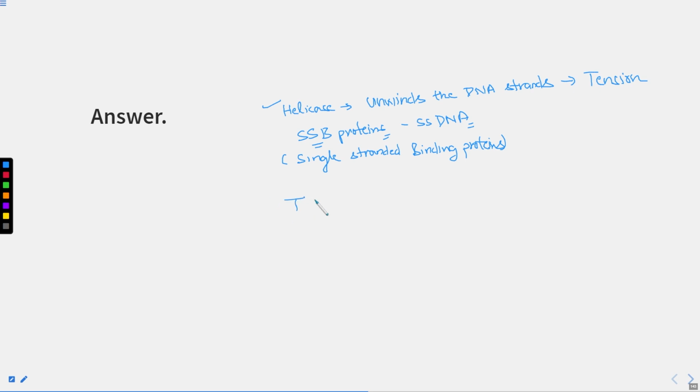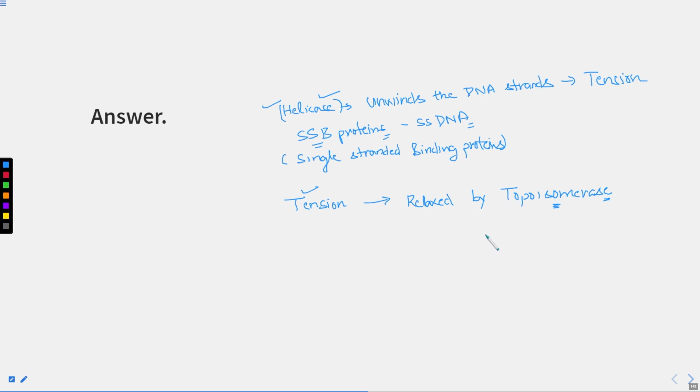So a tension is created as the DNA unwinds, and this tension is relaxed by topoisomerase. How does this topoisomerase work? It creates nicks in the single-stranded DNA, and it relaxes the tension which is created by the uncoiling of the DNA with the help of the helicase enzyme. Alright, so now this is clear.